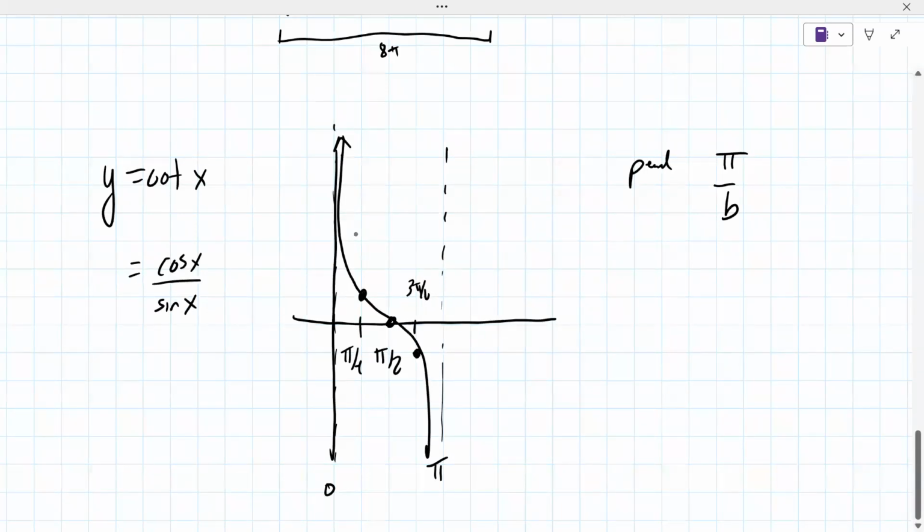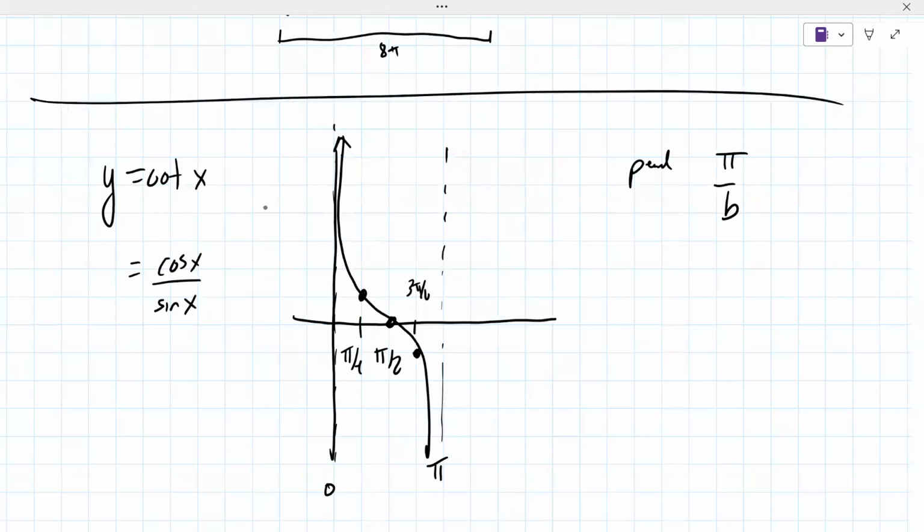Sine of 0 is 0, so it's undefined at 0. We're switching completely. Cotangent is related to tangent, but they're very different. They start and end in different places. They have different vertical asymptotes, behavior. You can make one into the other, but that's not usually what they're asking you to do at this point in the course.